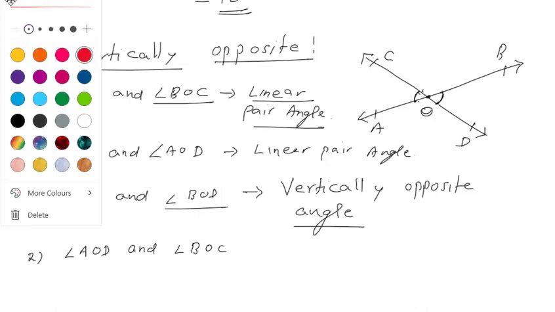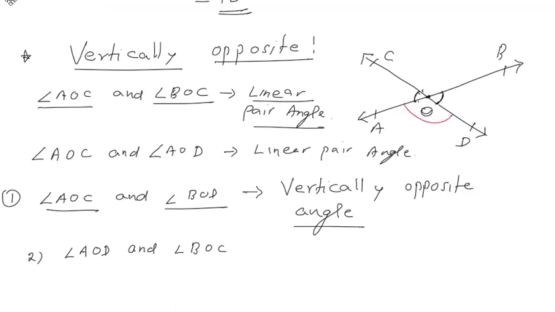One angle I am talking about is this angle and the other is this angle. What do you say about these two angles? They are also vertically opposite angles.